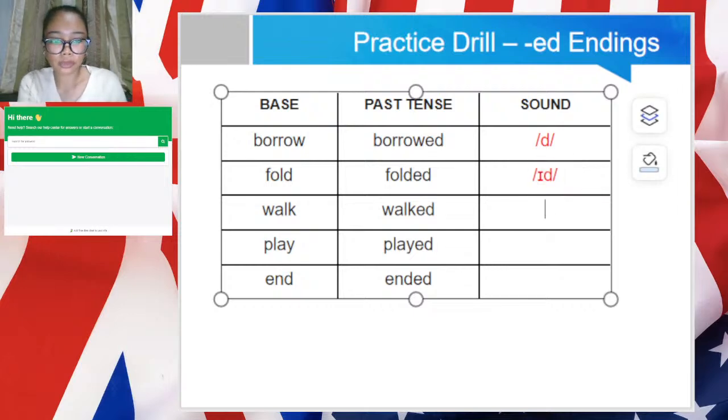All right. Moving on to number three. How about walk becomes walked? Again, walk becomes walked. What's the sound of the ed ending here? Walked. All right. It's obviously t, t. Again, it is t, t.